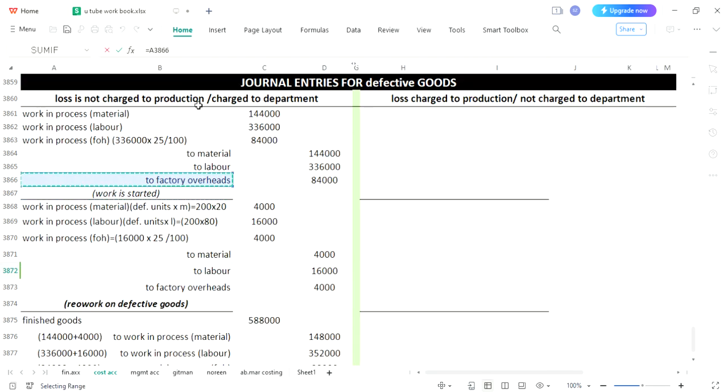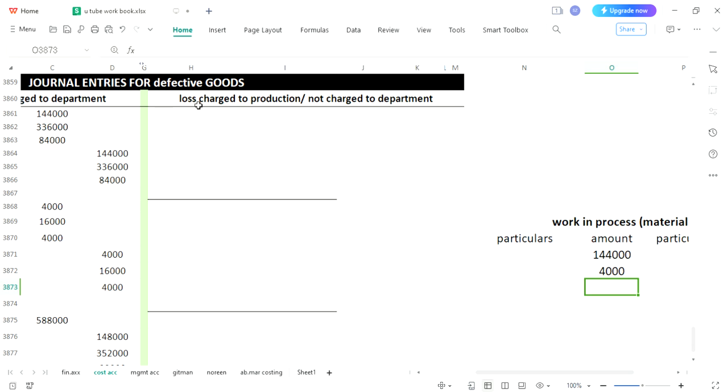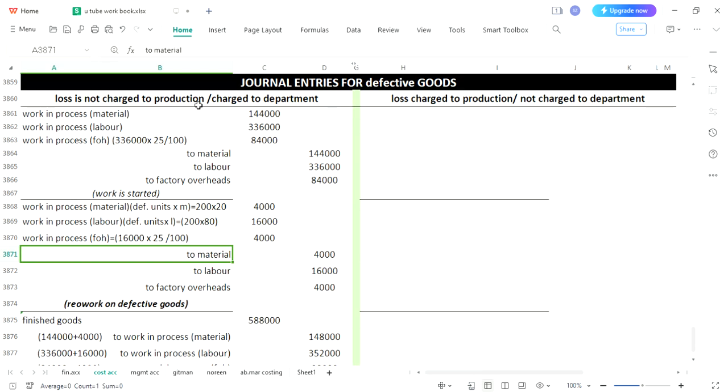Look here, the first amount was present on the debit side and we have put it on the debit side. The second amount, work in process material, is present over here, 4,000, and this amount would also be put on the debit side. Upon here you will write the reference, and what reference you will use, obviously you will see what is written on the opposite side.